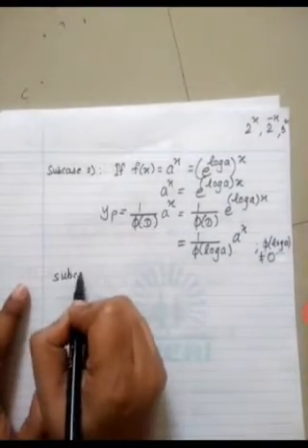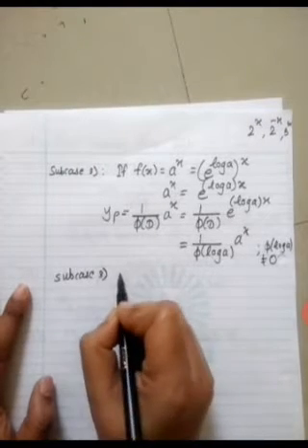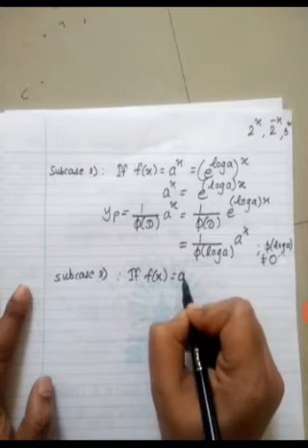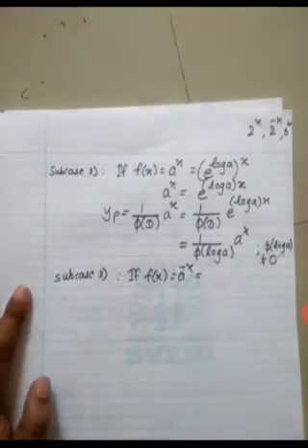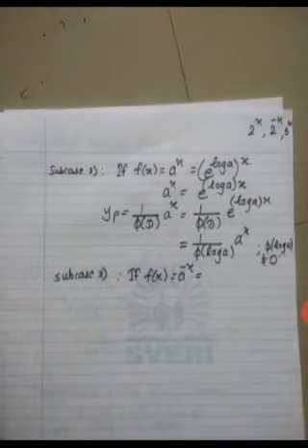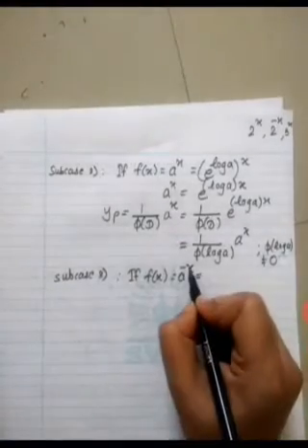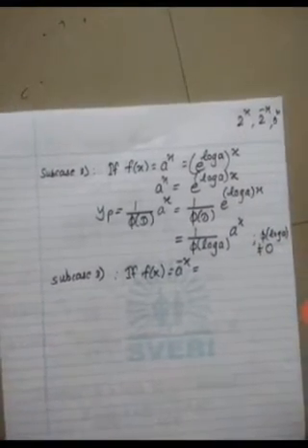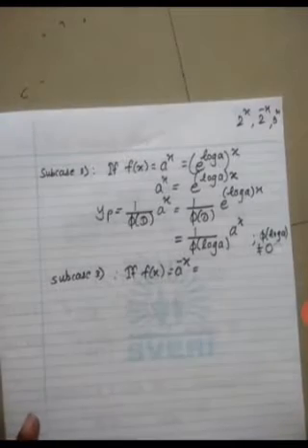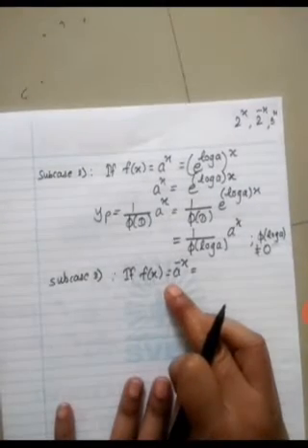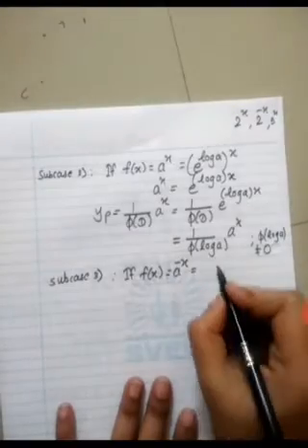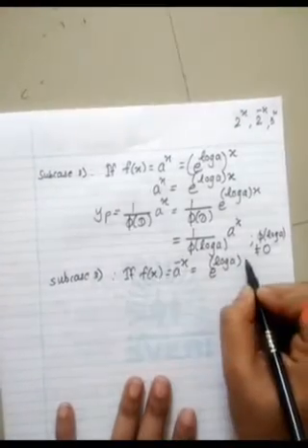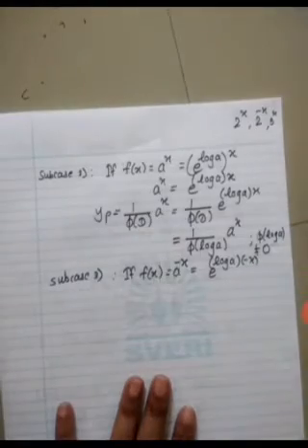Next, subcase 3. If f of x is a raised to minus x, can you tell me how to write a raised to minus x in e? A is the base, so we can write e raised to log a, and raised to minus x as it is.